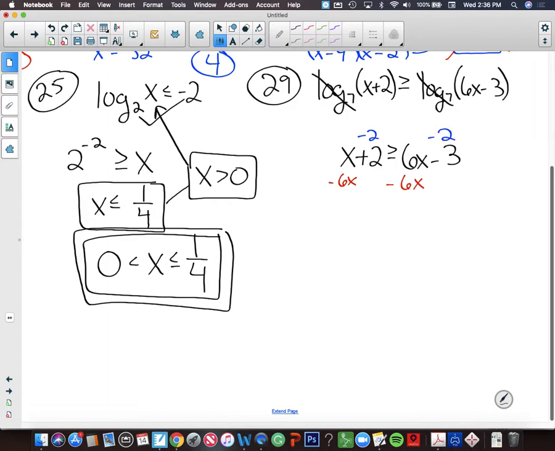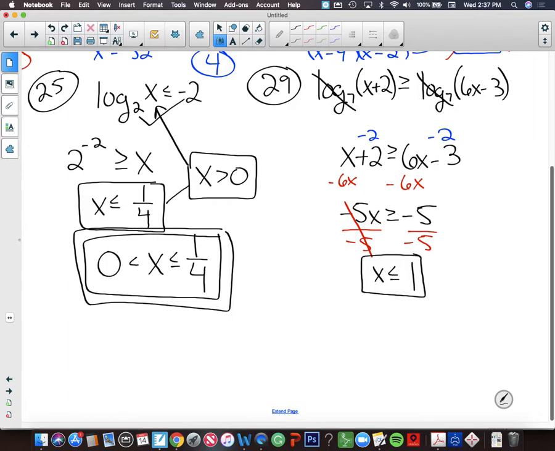And that will give us negative 5x is greater than or equal to negative 5. Divide both sides by negative 5. Remember what you're supposed to do with your inequality signs then. So we get x is less than or equal to 1. So that's the main answer.